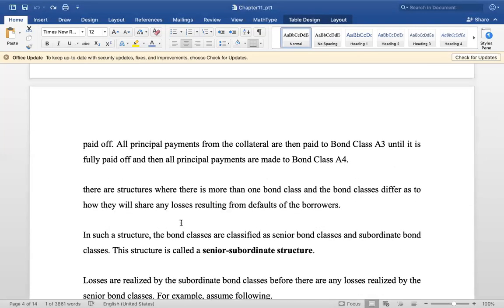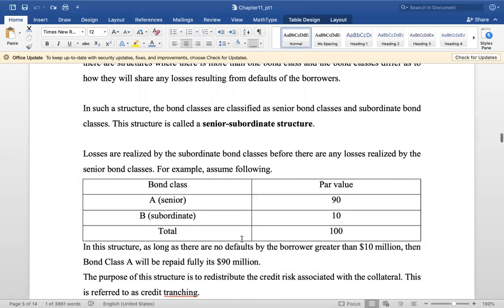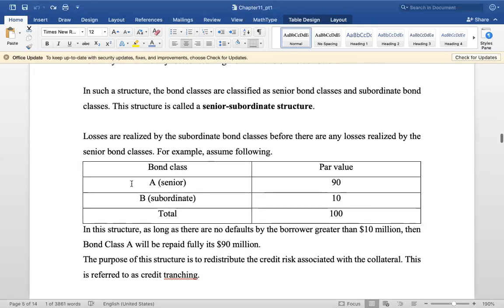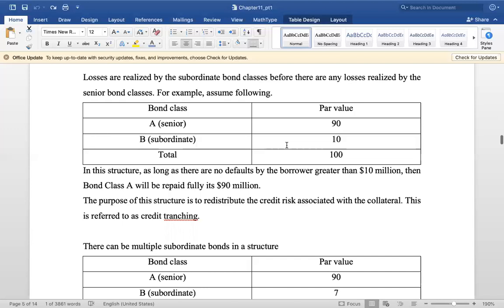So there are structures where there is more than one bond class, and bond classes differ as to how they will share the losses resulting from defaults by borrowers. In such a structure, the bond classes are classified as senior and subordinate bond classes. The structure is called a senior-subordinate structure, just like this one. Losses are realized by the subordinate bond class before there are any losses realized by the senior class.